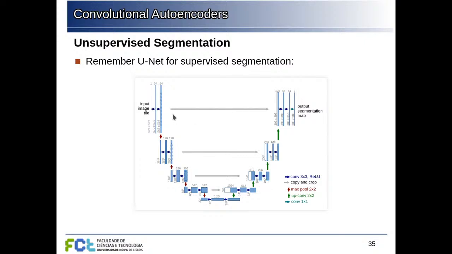This is supervised. And what we're doing is passing through this architecture that already looks like an autoencoder, apart from these skip connections here. And we convert the original image into lower resolution feature maps, but with an increasing number of filters.